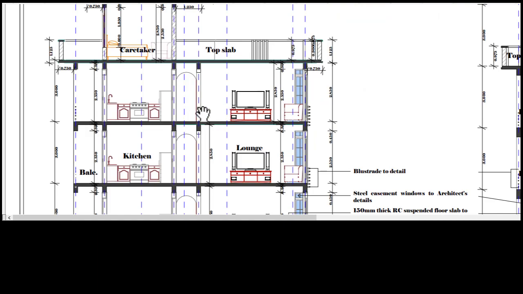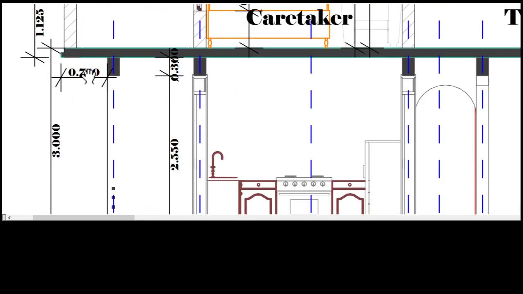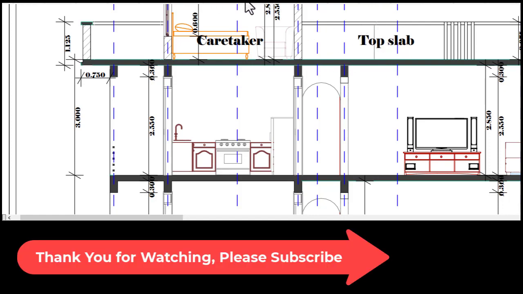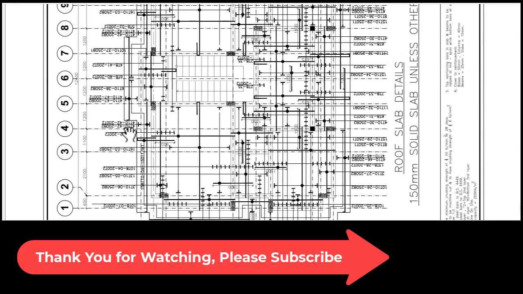Looking at the section, so that we see what the extension is, I can notice that it's 750. So the 750 is what goes beyond the wall that is shown on the structural plan. Let's get back to that plan.